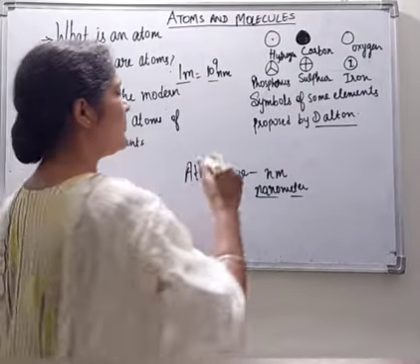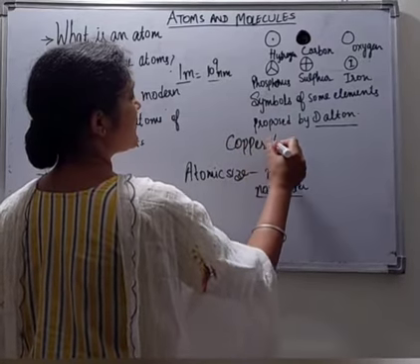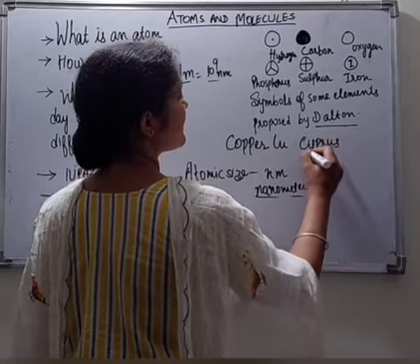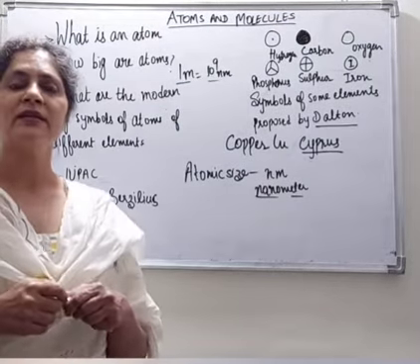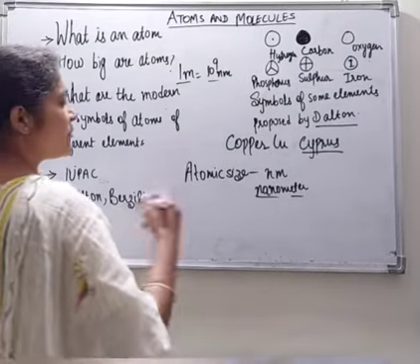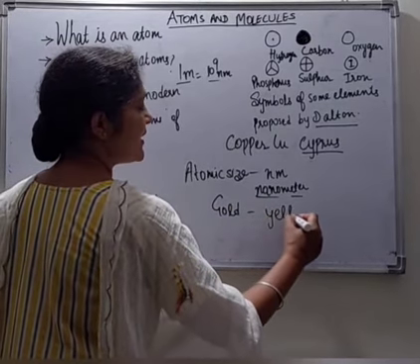As we see, copper is given the symbol Cu from Cyprus, because it was first found in Cyprus. Many elements were given symbols according to their colors, as gold in the English language is known as yellow.